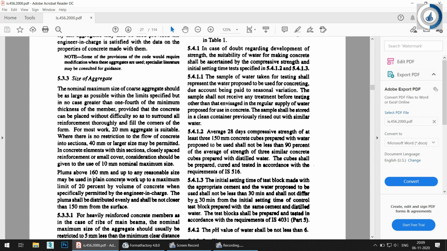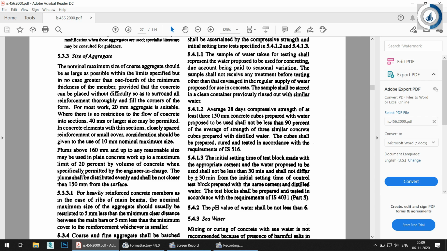That too, only when specifically permitted by the engineer in charge, you can provide the plums. And the plums shall be distributed evenly and shall not be closer than 150 mm from the surface. This also you have to remember.